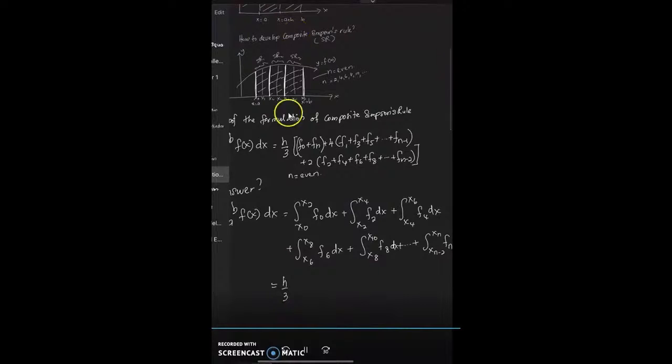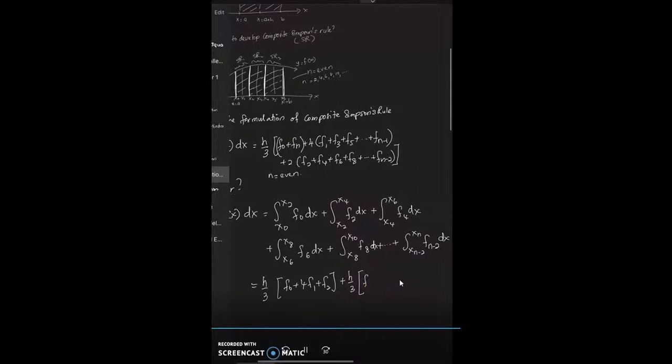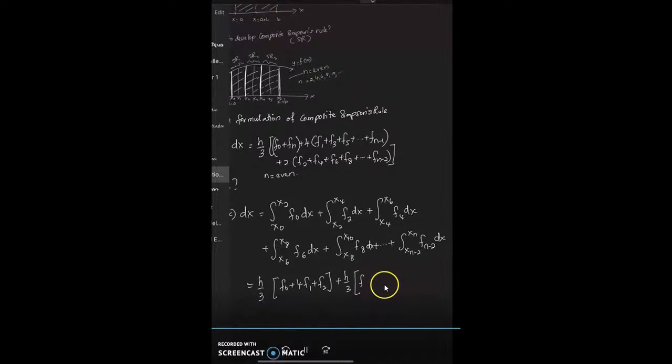f0 plus 4 f1 plus f2. This one is the basic rule for the first column. The second column, h divided by 3, f2 plus 4 f3 plus f4. Don't forget to apply Simpson's rule to every particular subdomain.